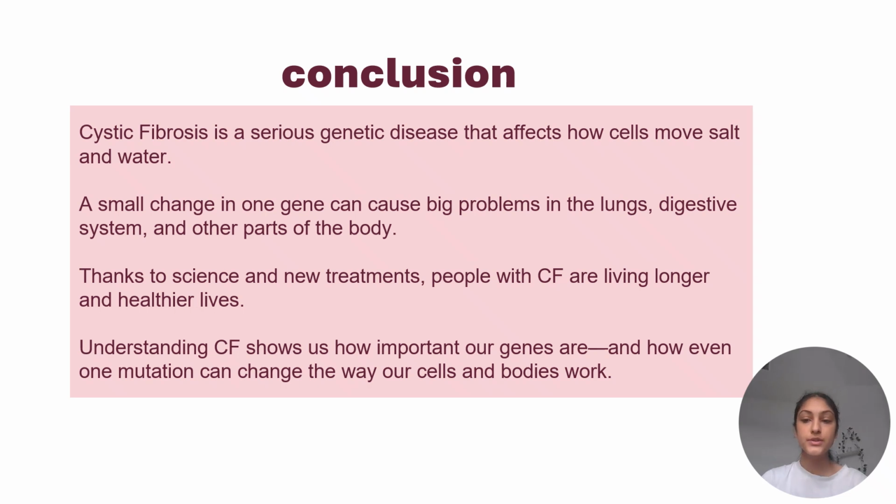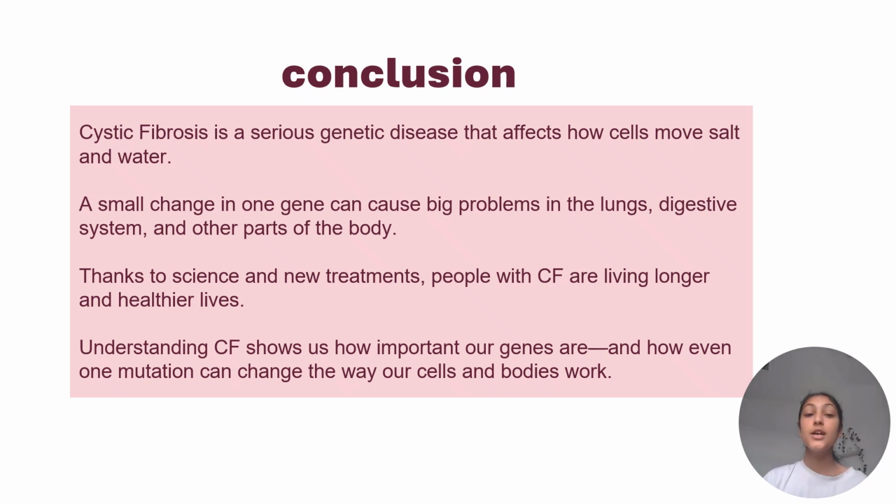So we have a conclusion. Cystic fibrosis is a serious genetic disease that affects how cells move salt and water. A small change in one gene can cause big problems in the lungs, digestive system, and other parts of the body. Thanks to science and new treatments, people with CF are living longer and healthier lives nowadays.